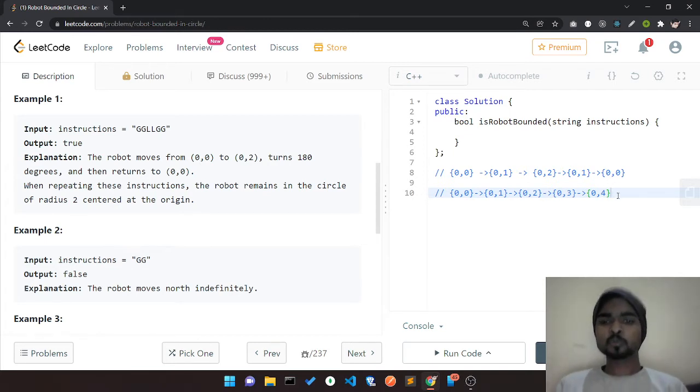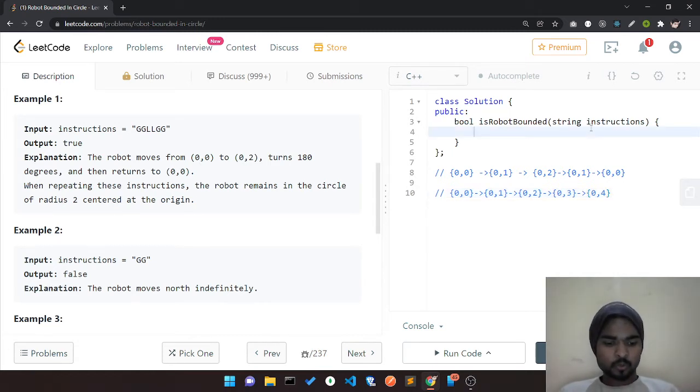So here you notice one thing. We have just found out whether a cycle is present or not if we execute this code again and again, indefinitely, infinite times. So let's try to make something.